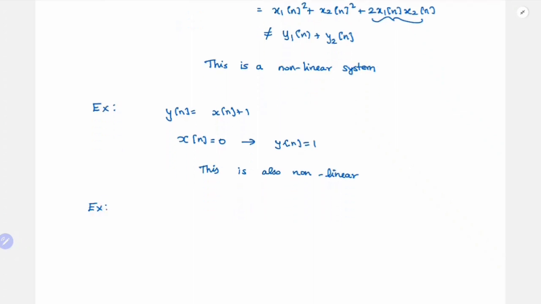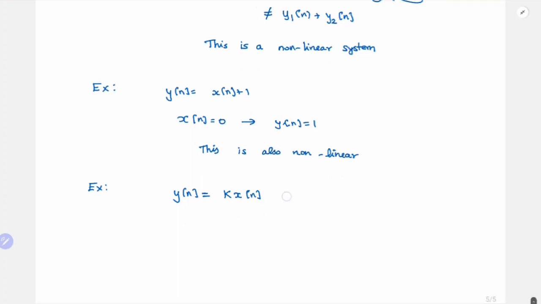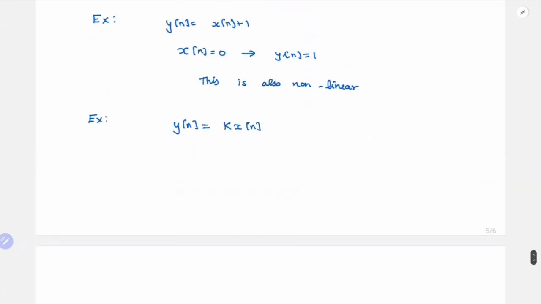So can you think of a system which is linear then? If it is some k times x of n, then this system is linear. Yes. So let us check the additivity and the homogeneity property. So x1 of n gives y1 of n equal to k x1 of n, and my x2 of n gives y2 of n equal to k x2 of n.